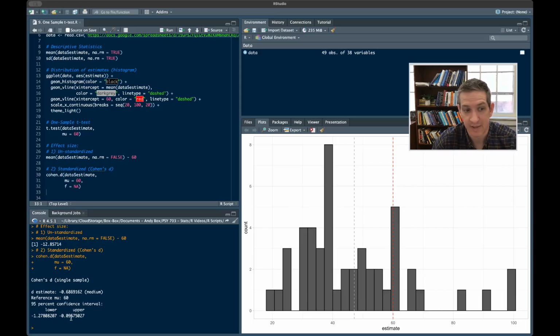That's what we'd expect with a significant result like this. But here we would interpret this as saying the lowest Cohen's d that we would expect based on this information is negative 1.28, and the highest we would expect is negative 0.10 if we were to round that. So there you have it. That is how you would run and interpret a one-sample t-test in R.